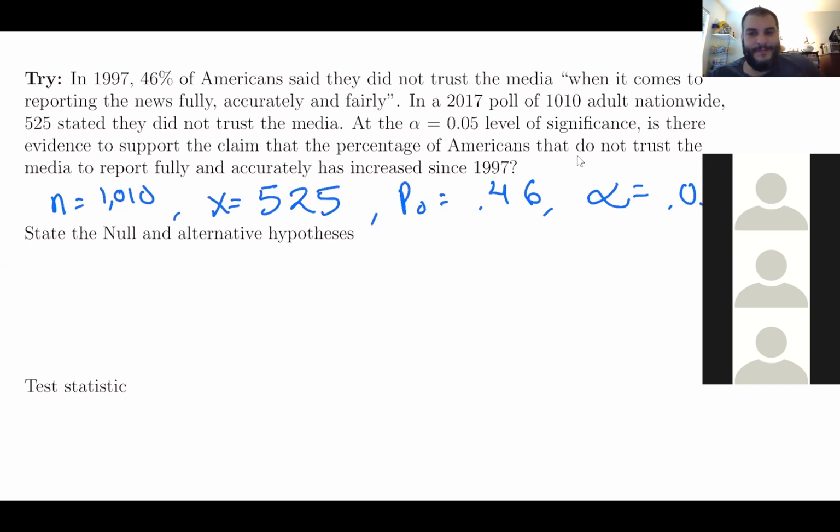Yes. All right, so let's do the null and the alternate hypothesis. The null hypothesis should probably be the easiest. You're going to say p is equal to p naught, but since we already say p naught is equal to 0.46, you put 0.46 here.